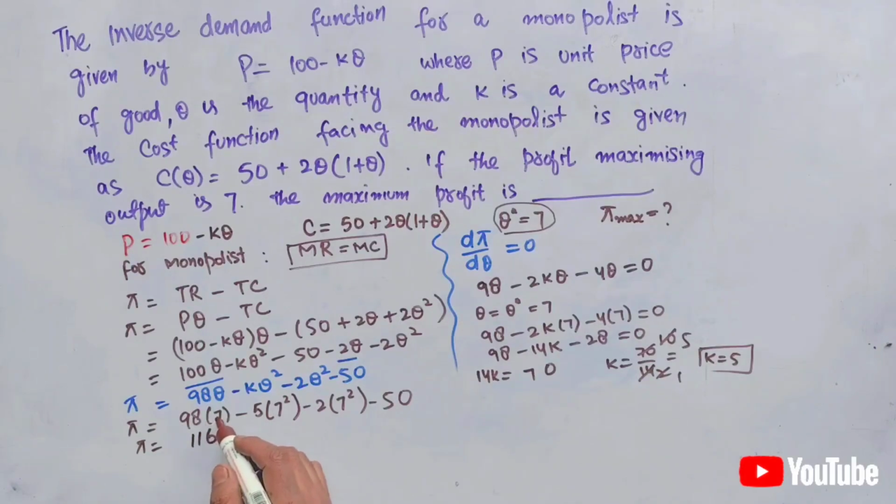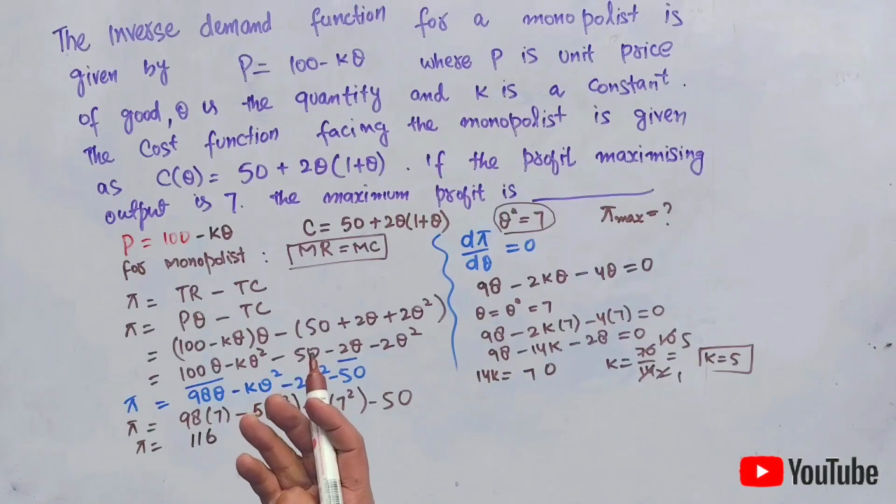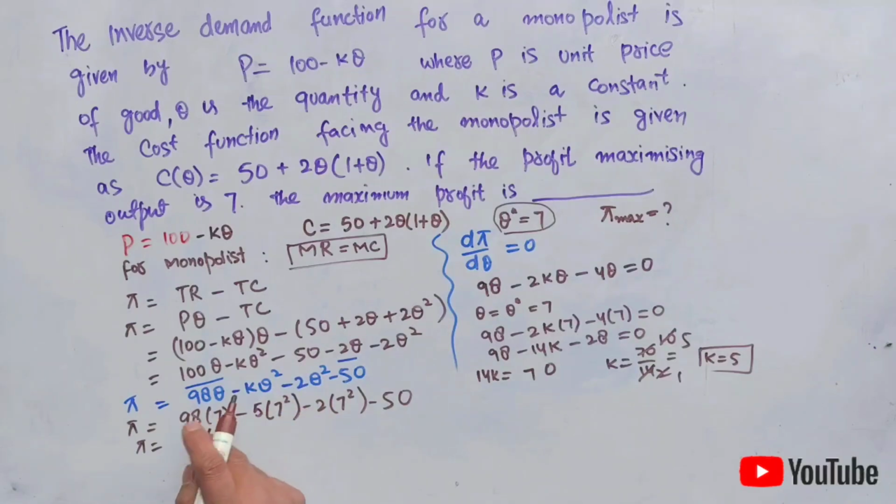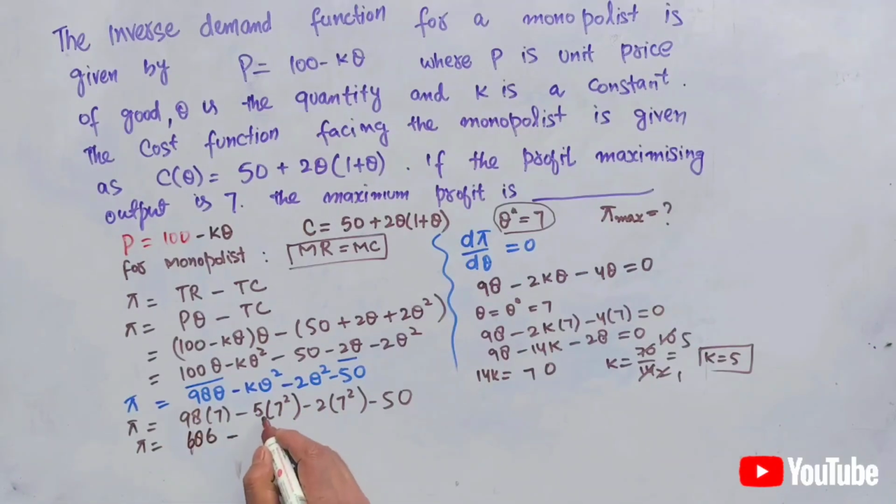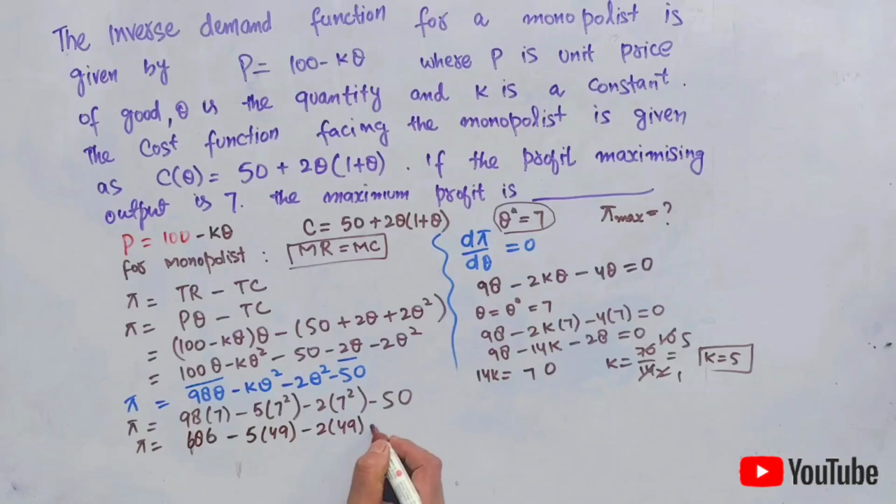So we got here 68 minus, we have 5 times 49 minus 2 into 49 minus 50.